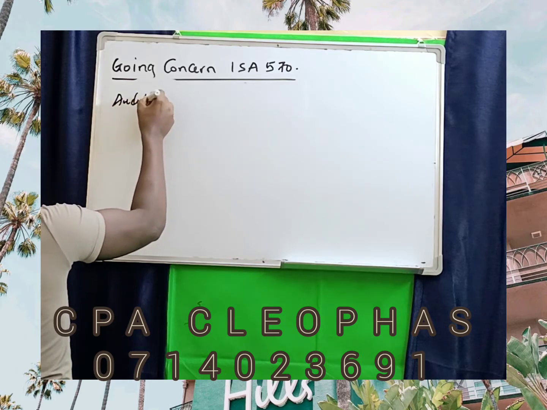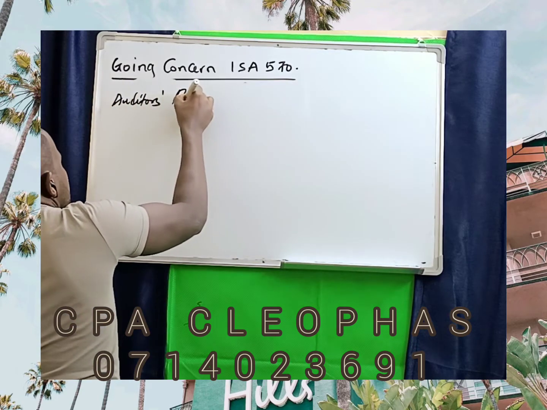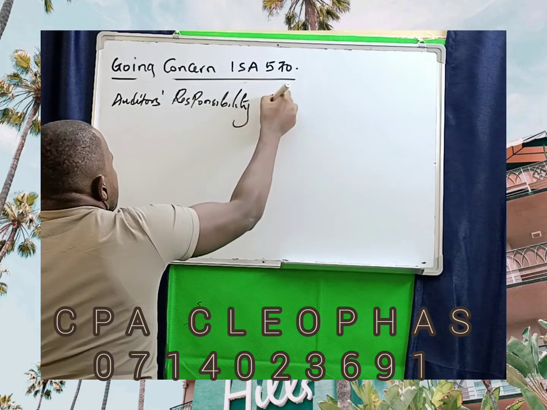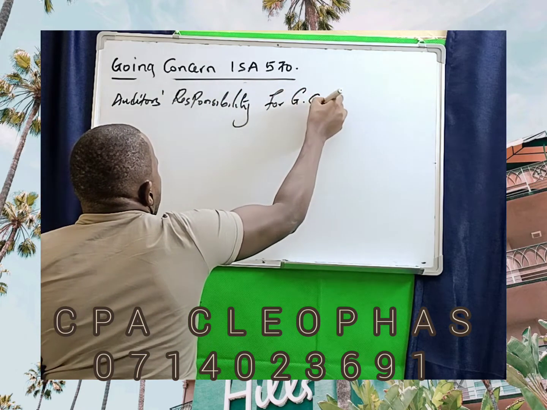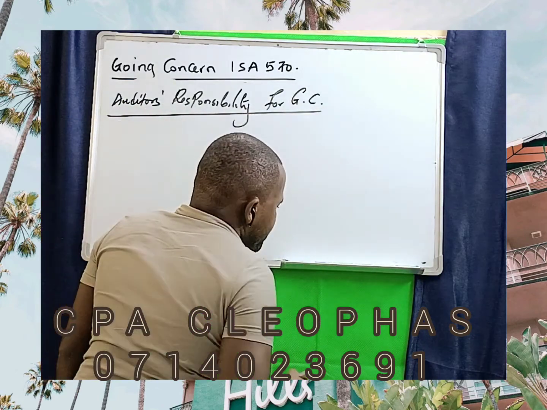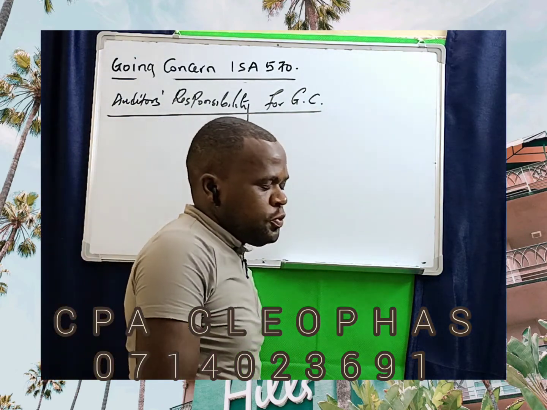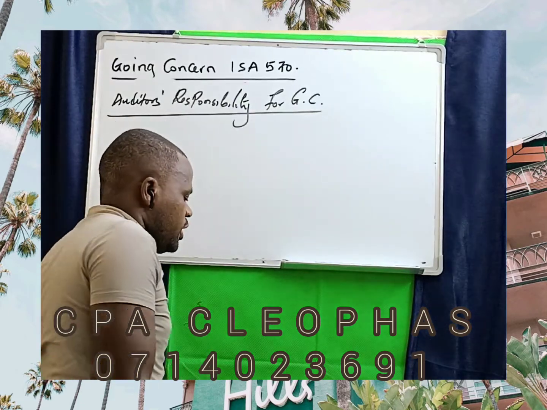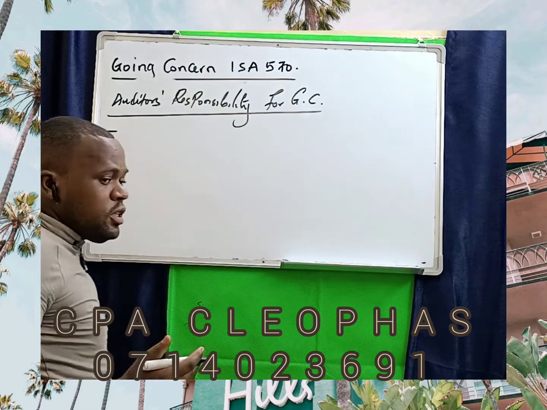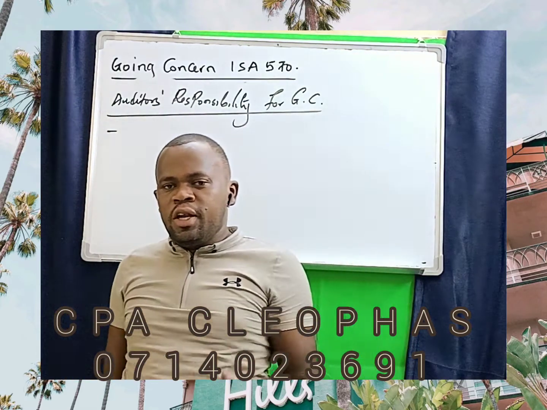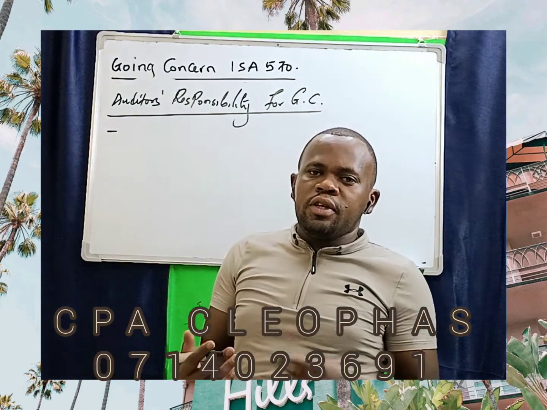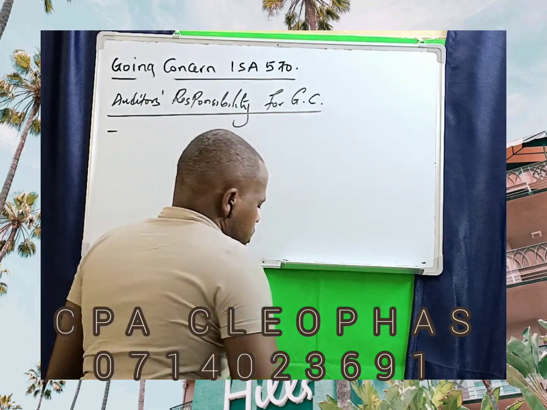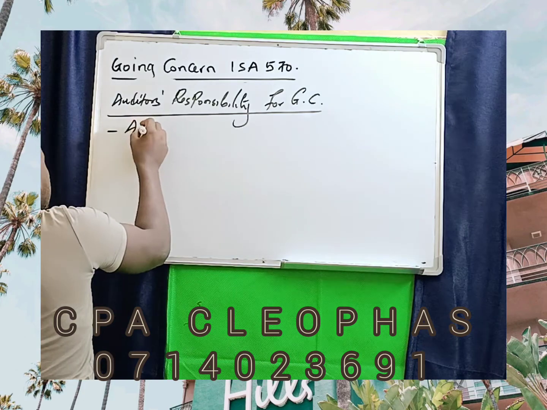Auditor's responsibility for going concern. One of the responsibilities of the auditor with respect to going concern is ascertaining whether the financial statements are prepared on a going concern basis. So I've said the auditor should confirm or ascertain whether the company management is preparing financial statements on a going concern basis.